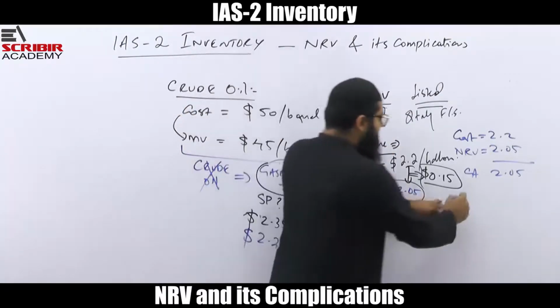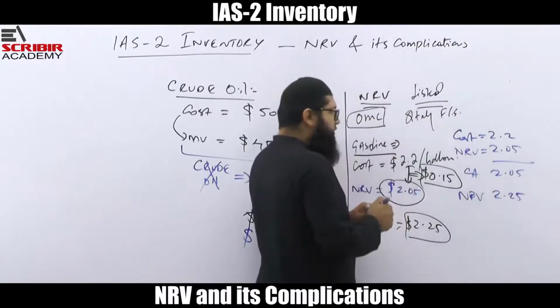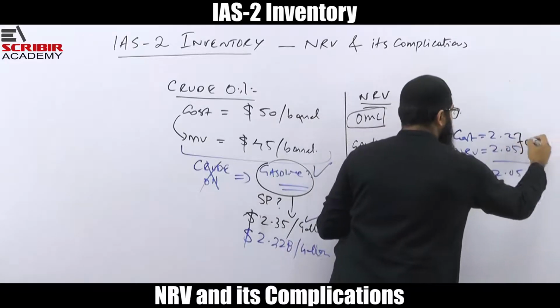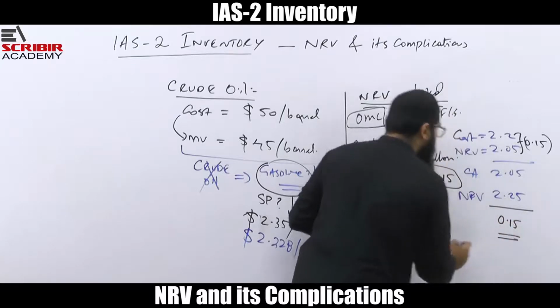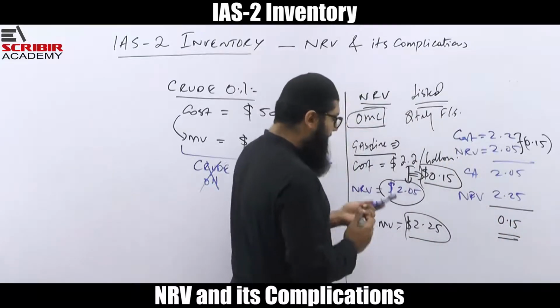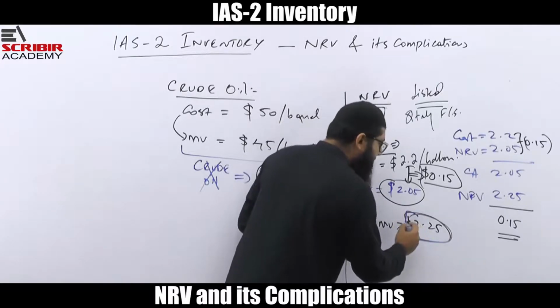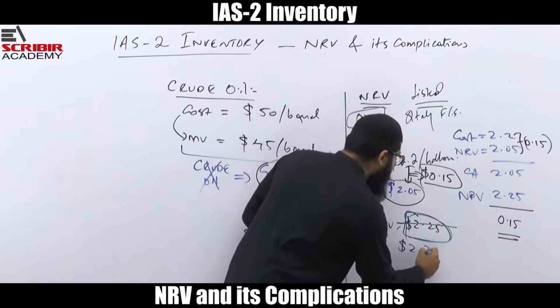So if now the NRV has become 2.25, since you originally recognized a loss of 0.15, you can recognize a gain of 0.15. Even if the market value of the inventory is 2.25, you cannot measure it at 2.25; you can actually take it to $2.20.